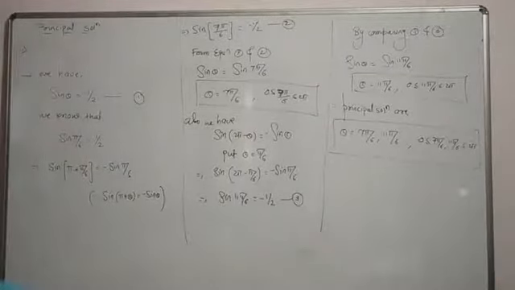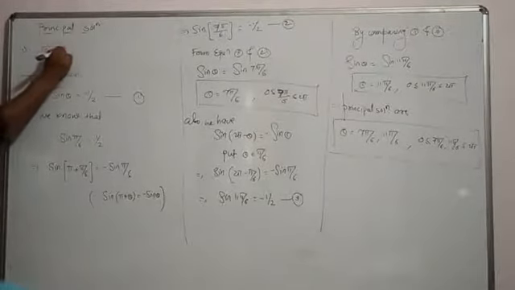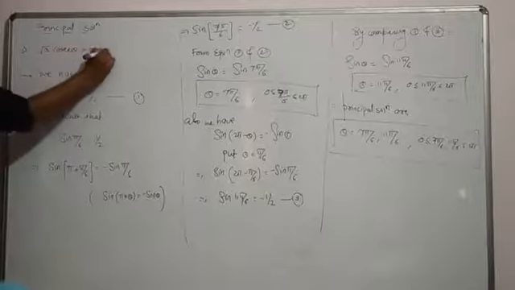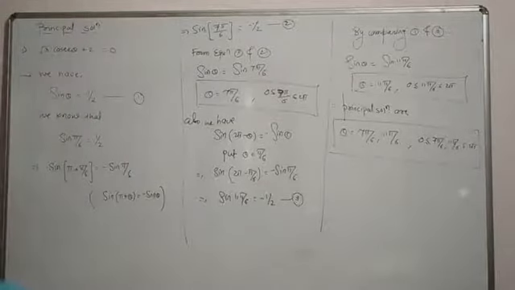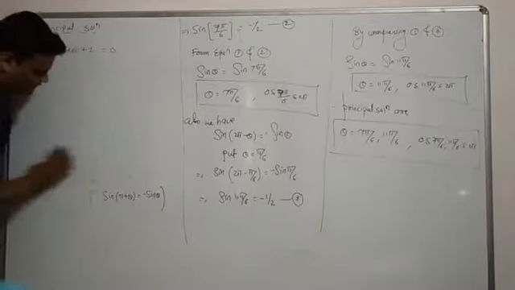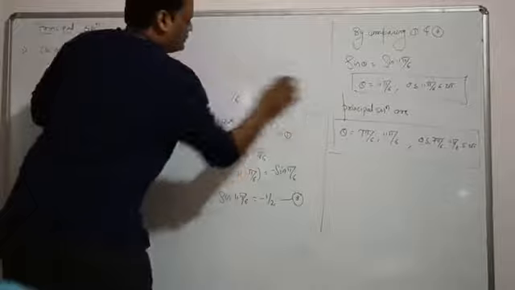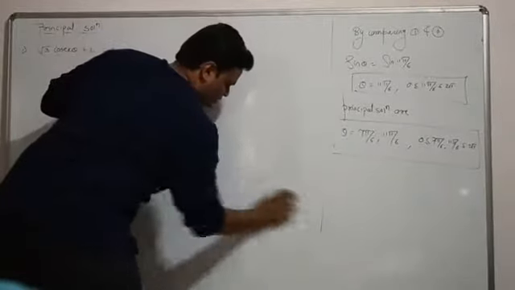Of course, for a negative sign, suppose you have root 3 cosec theta plus 2 is equal to 0. Okay, so this is the trigonometric equation, and you have to find the principal solution for it.